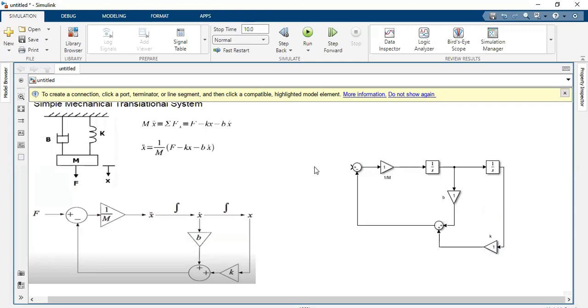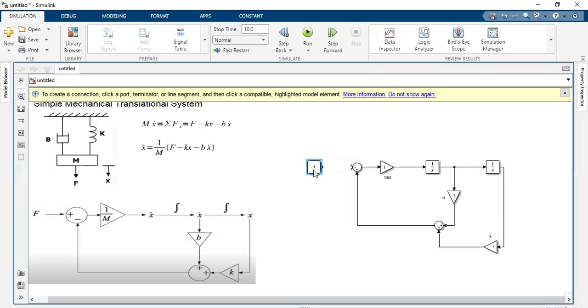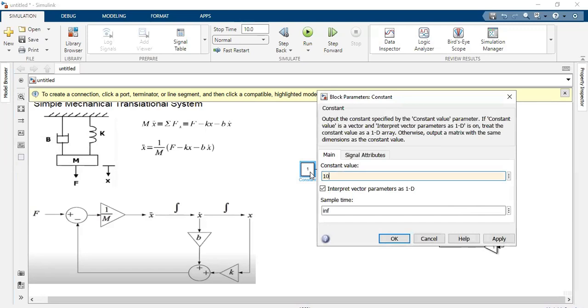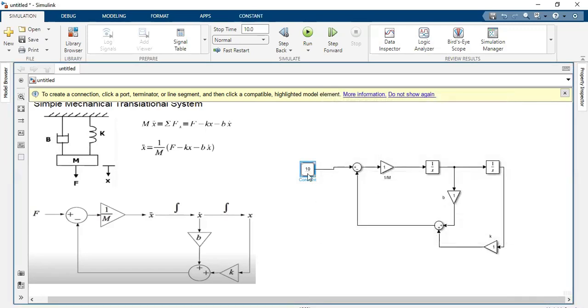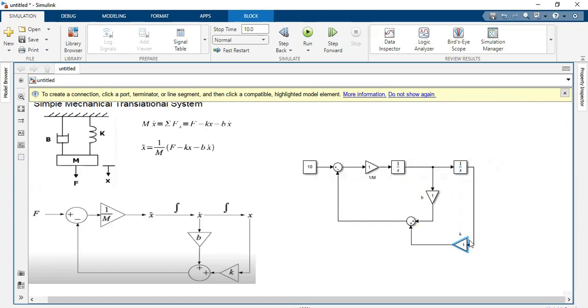The input force we can give either as a step input or by means of a constant block. Let me use a constant block now, and let me take the input force to be 10. In order to see the output displacement, we need to use a scope.